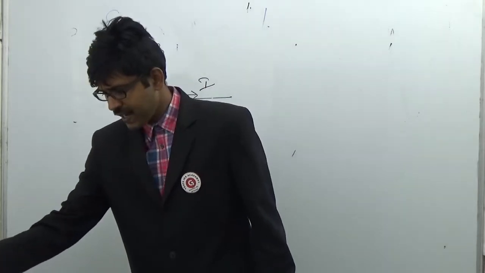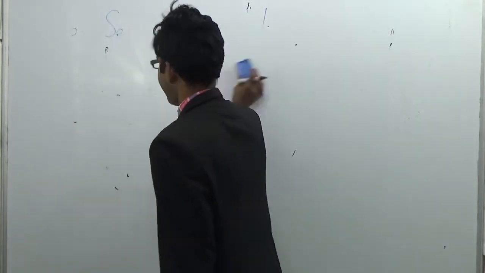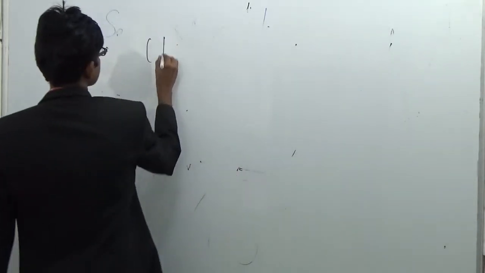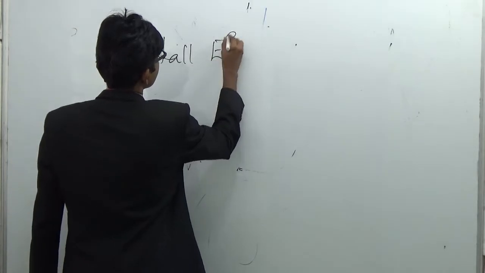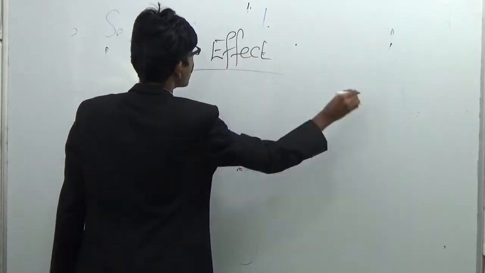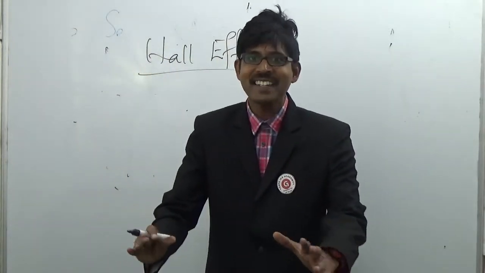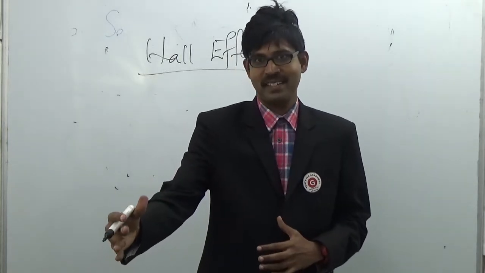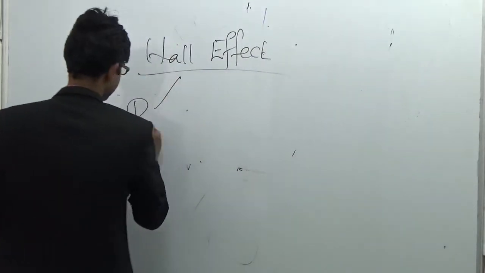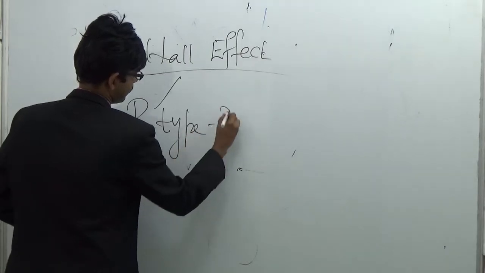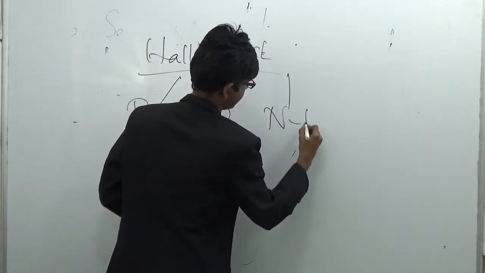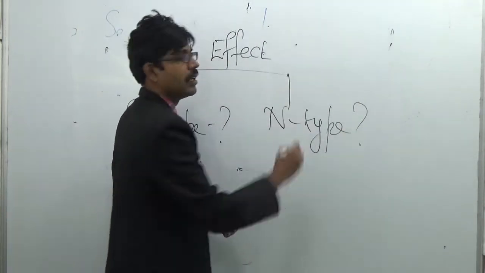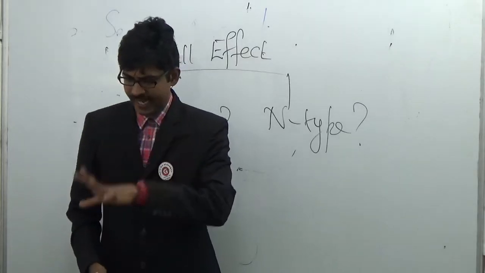Now, the Hall effect is used to find whether the material is a p-type material or an n-type material. Is it a p-type or an n-type?